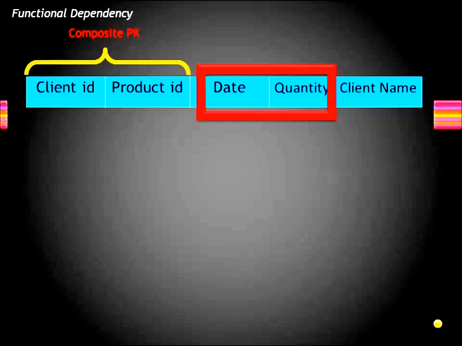So as you can see, date and quantity columns are different for every invoice. And again, as we have a composite primary key, each invoice is defined by client ID and product ID. So these 2 columns are okay. They are dependent on the full or entire primary key.